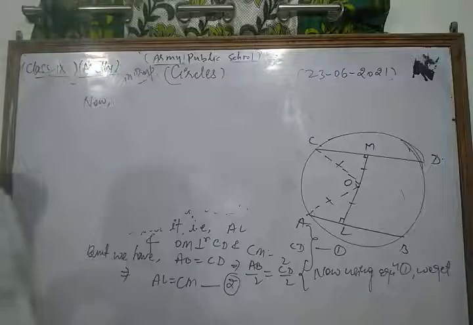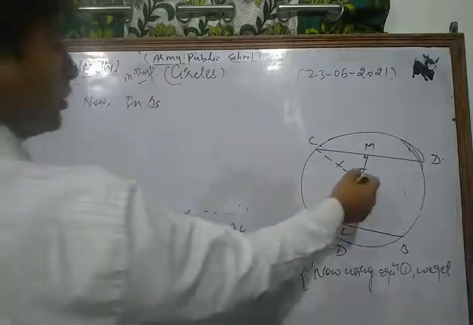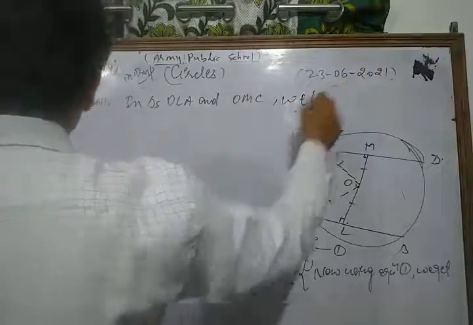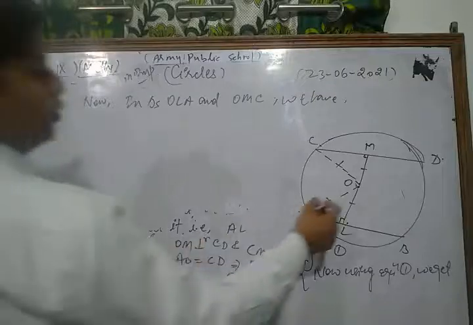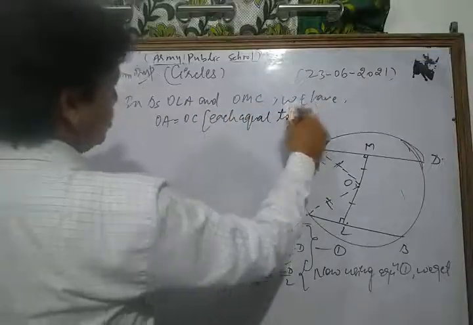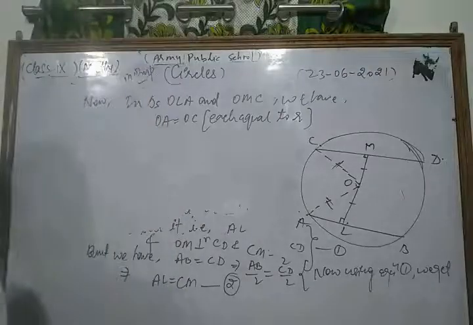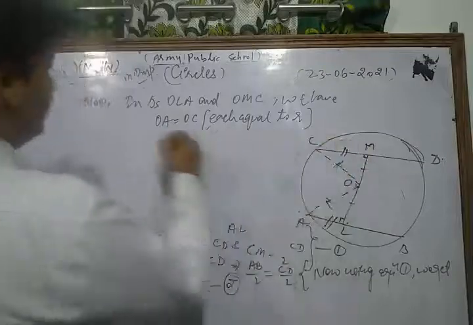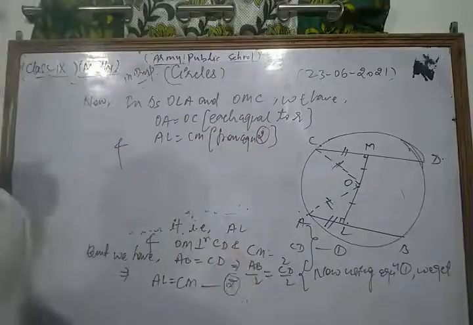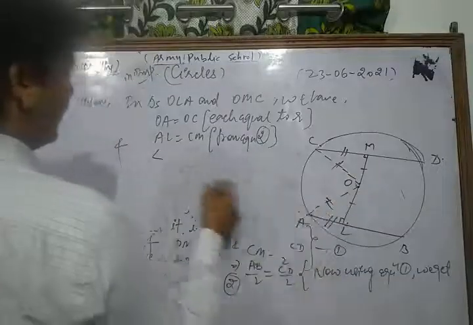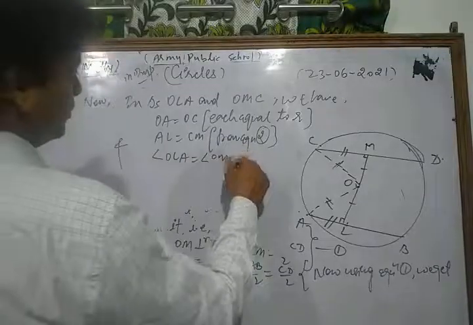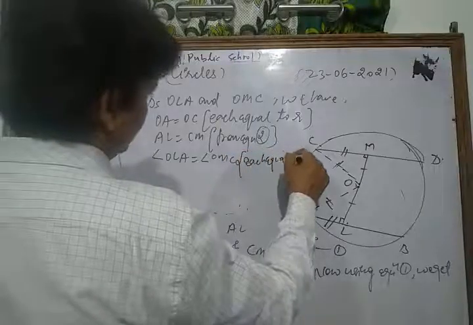In triangles OLA and OMC, we have OA equal to OC, each equal to radius R. AL is equal to CM from equation 2, and angle OLA is equal to angle OMC, each equal to 90 degrees.